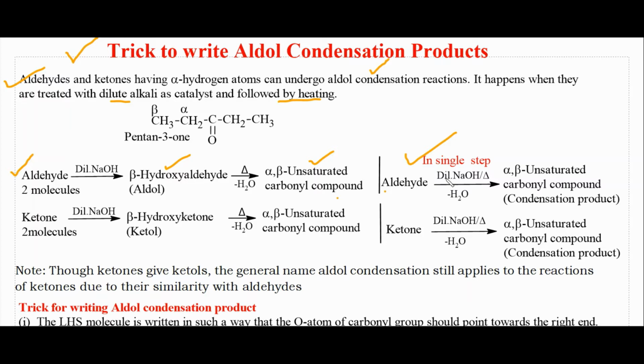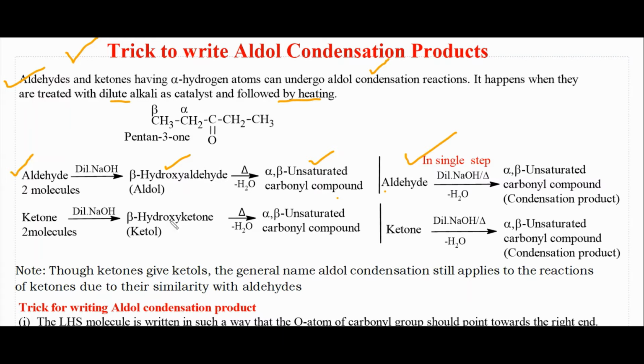Then on the arrow I am showing the first step reagent dilute NaOH, second step condition heating. Then I am writing the final product, the condensation product, skipping the intermediate compound aldol. So when you write aldol condensation in a single step, you need not write the intermediate product aldol.